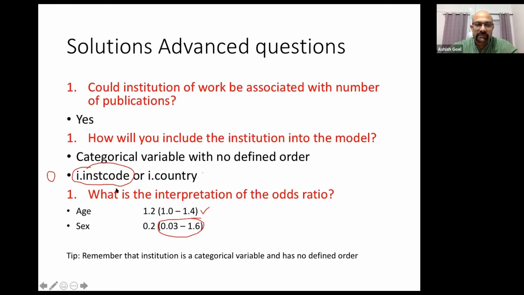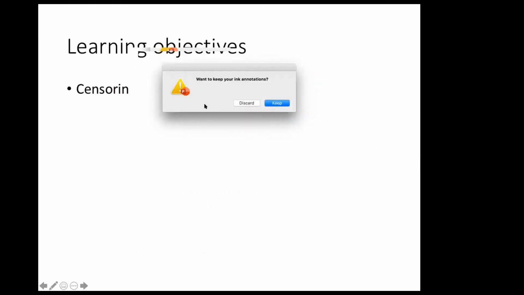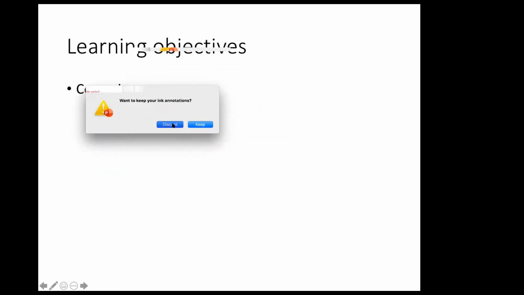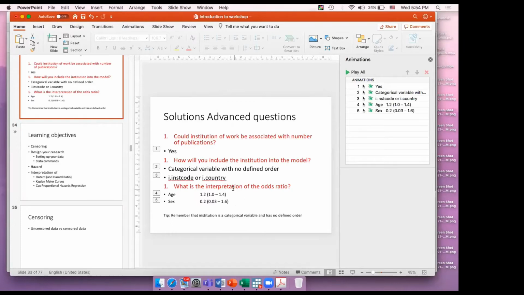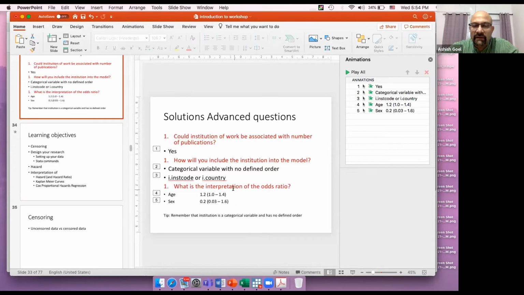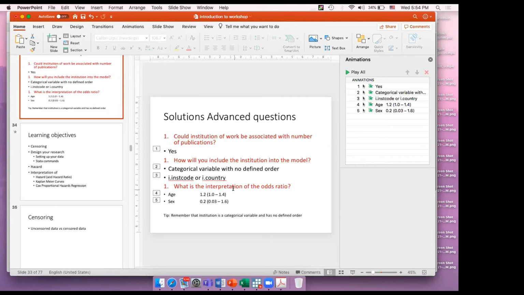I have just one little question, Dr. If we could go back to the odds ratio. An odds ratio of 1.2 also means that, if we were to convert this into percentages, there's a 20% higher chance or higher odds of publishing for every increase in age by a year, correct?